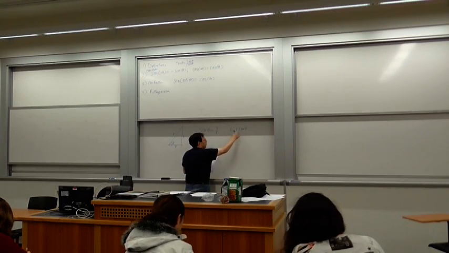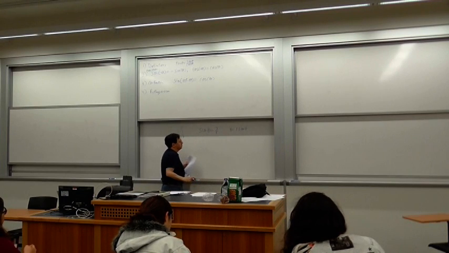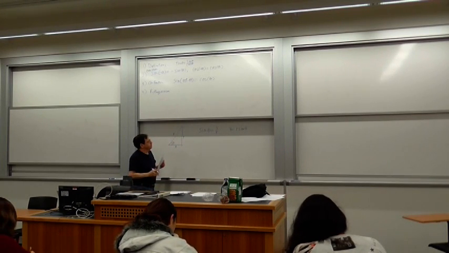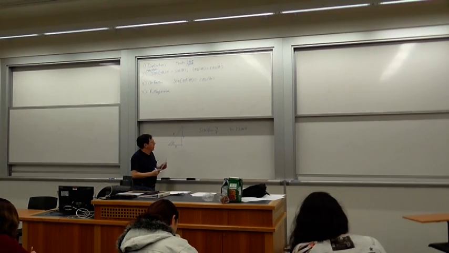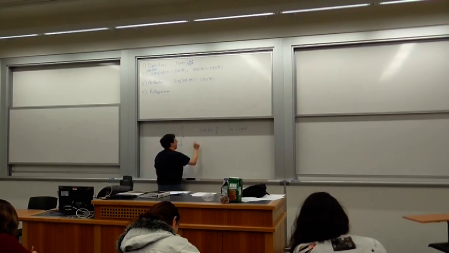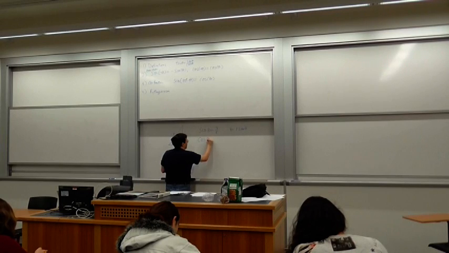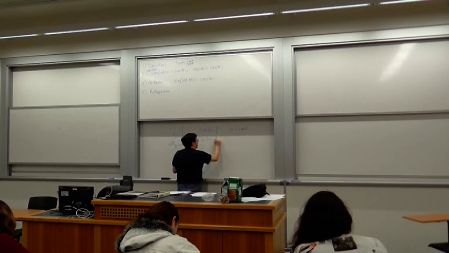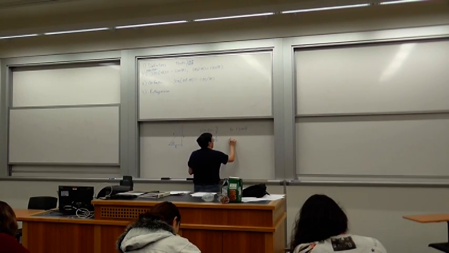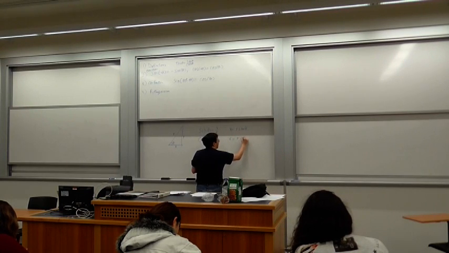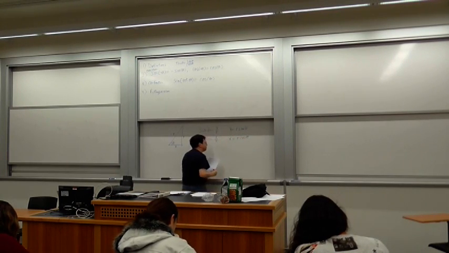That should be familiar to you from polar coordinates and somewhere else. All right. Cosine of theta is equal to x over r, or x equals r cosine theta.